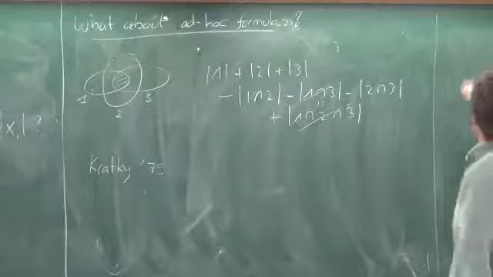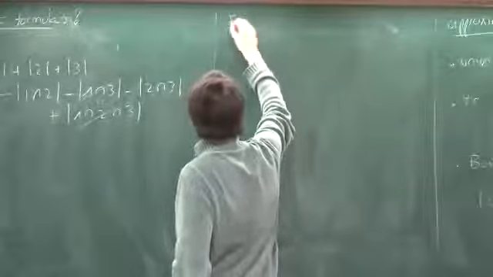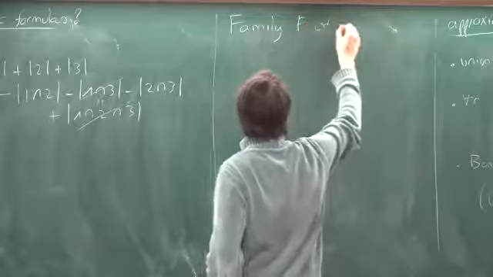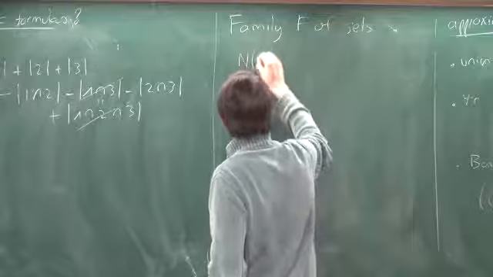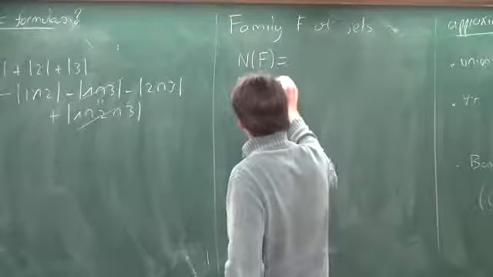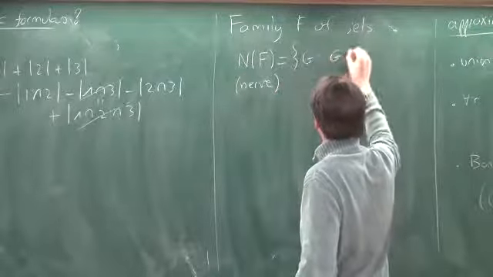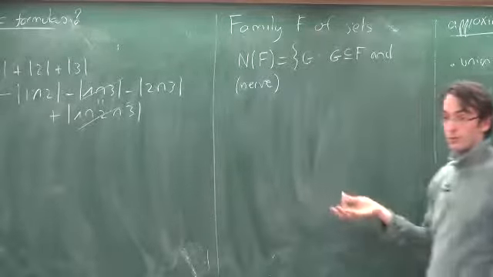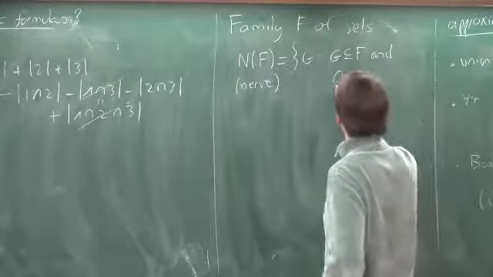So let me introduce 2 different creatures. So I have a family F of sets. I introduce the nerve of F. It's simply the set of all subsets of F that have non-empty intersections, that have a point in common, that have something in common.